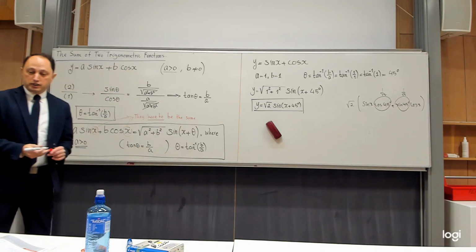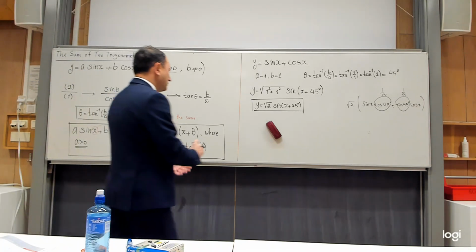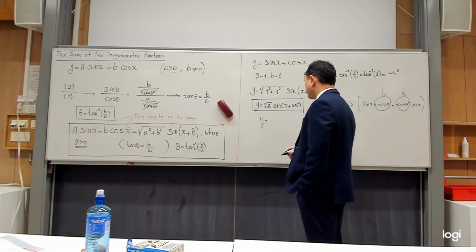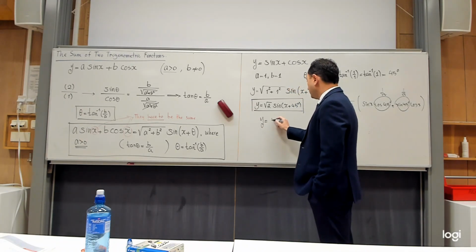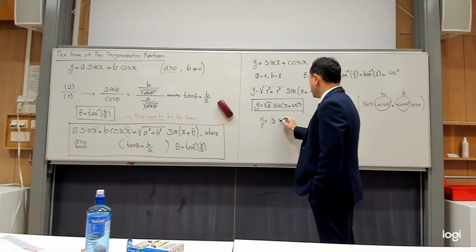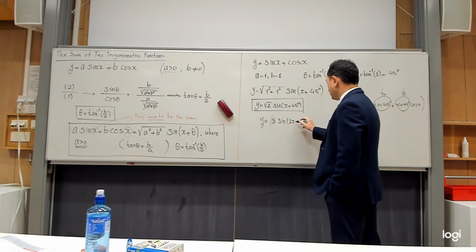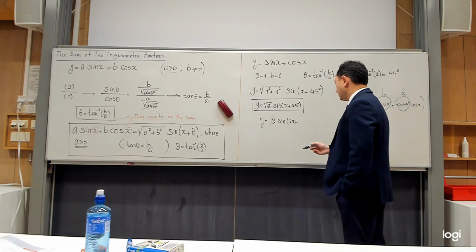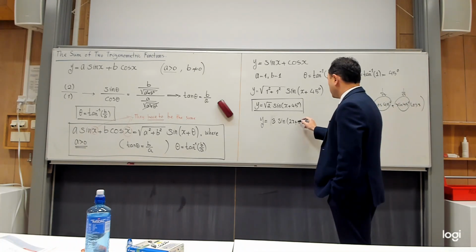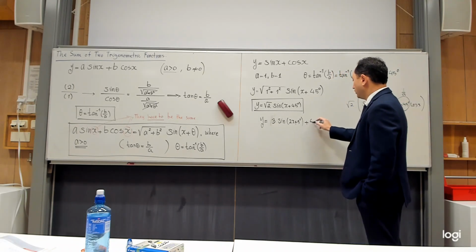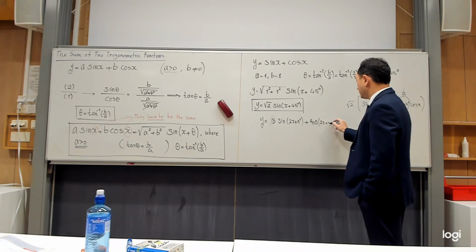For example, if I ask you, can you write this as one single sine function? So for example, y equals 3 sine 2x plus 5 degrees, and then plus 4 cosine of 2x plus 5 degrees.